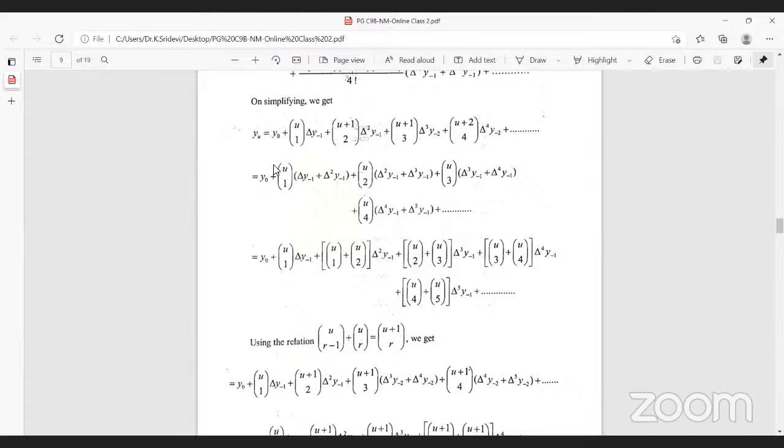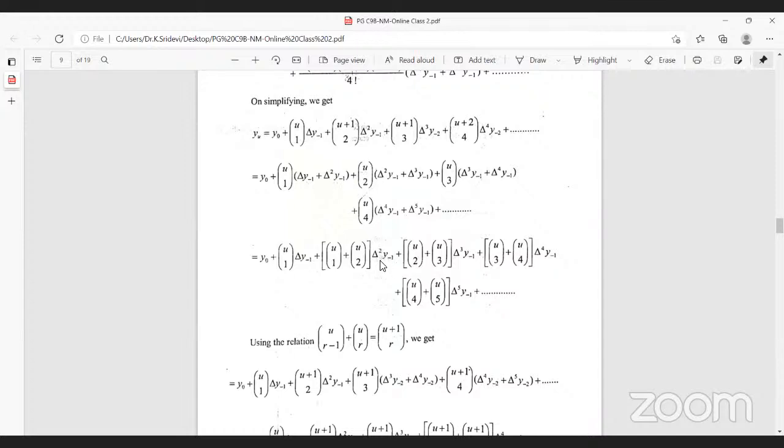Now you are going to simplify this one. How can we simplify this one? First term is this one. From the second term, delta y minus 1 is a single term, you can write u1 delta y minus 1. And then you can observe this term delta square y minus 1, and from this term, delta square y minus 1 is there. So from both the terms, you can take common delta square y minus 1.